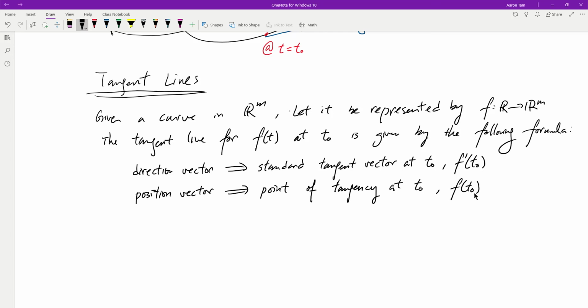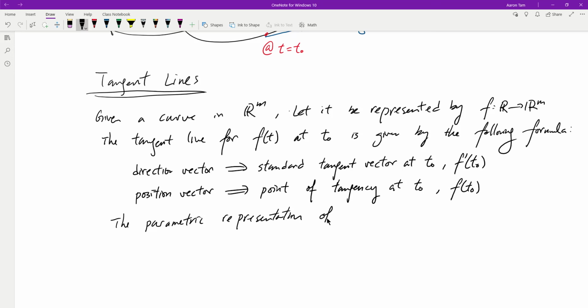So therefore, I have direction vector and position vector to write this tangent line, and this tangent line very likely lives not only in R2 but also in higher dimensions. And based on what we learned in chapter 1, we can only write a line in parametric representation in dimension higher than 2. So it's almost guaranteed that this formula is going to give us a parametric representation of the tangent line.